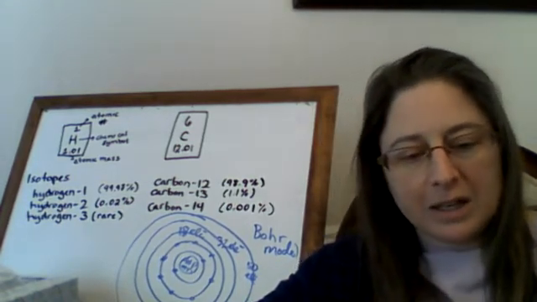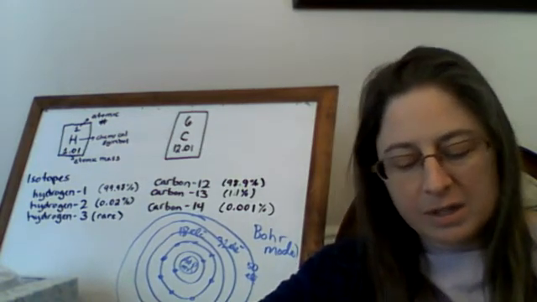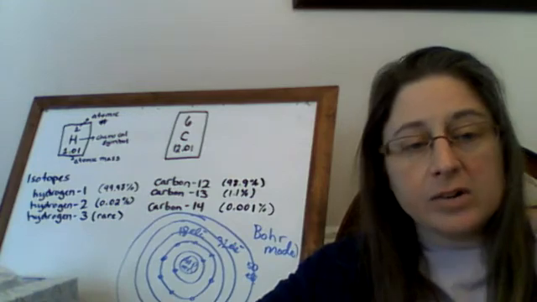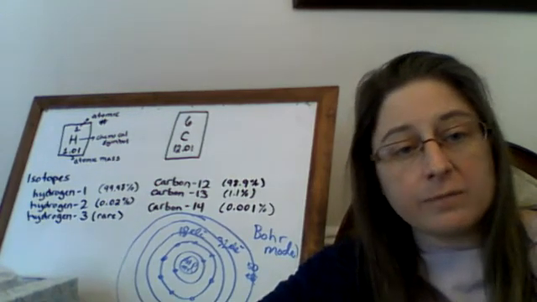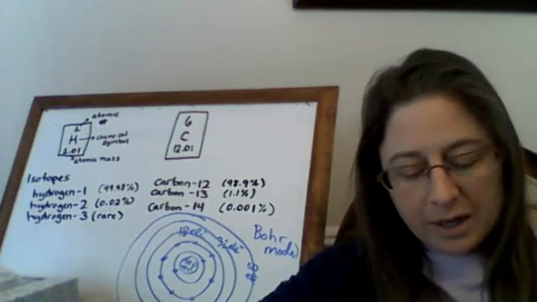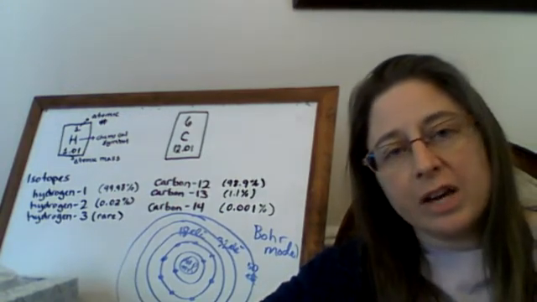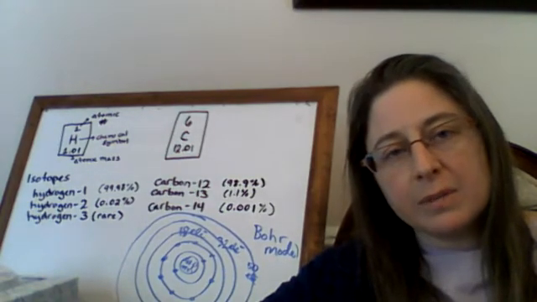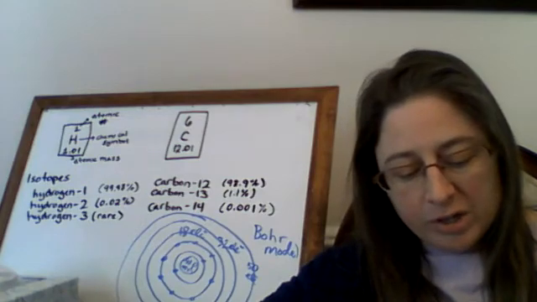You would have to be in a lead container, a lead box that's very thick, to be protected. So it's emitting photons with a very short wavelength, high frequency, dangerous. But gamma decay does not actually change the nucleus at all. It's simply emitting energy, but the number of protons and neutrons does not change.